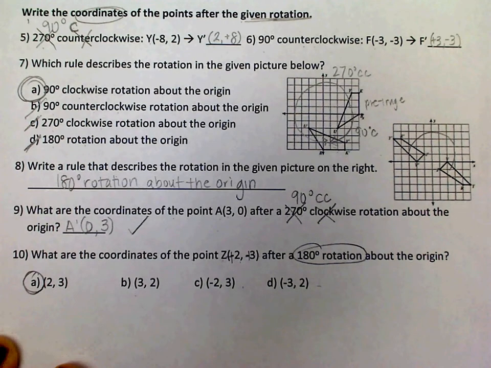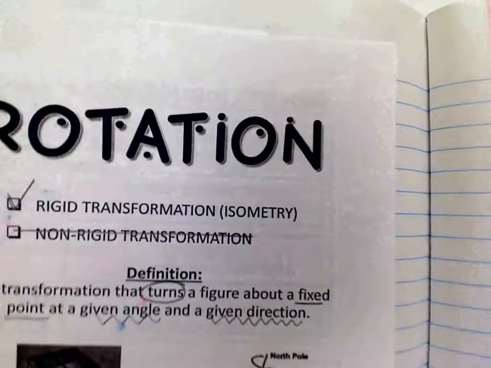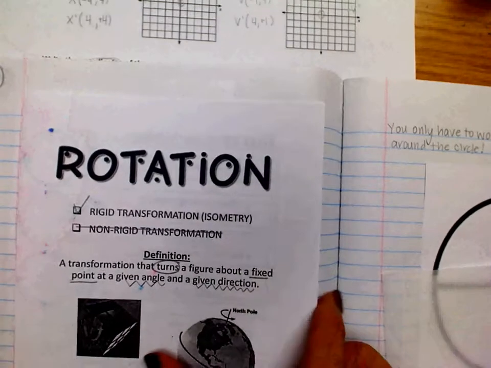Hopefully that helps, guys, and I would suggest that you don't just watch it through, but see if you can quiz yourself on these rules. And the rules are in your interactive notebook. Let me grab it real quick, hold on. So if you look here on page 24, you have these rules right here.